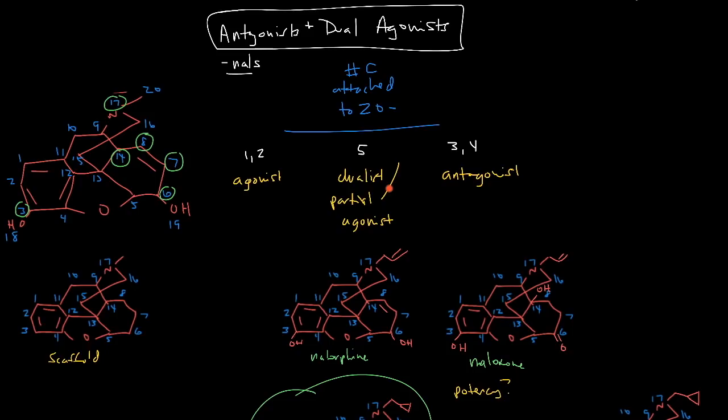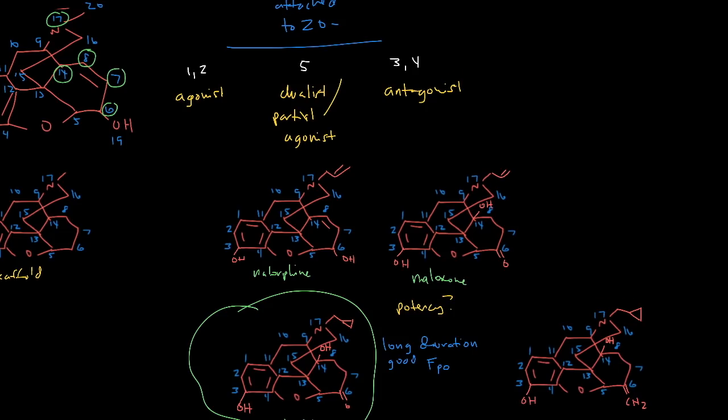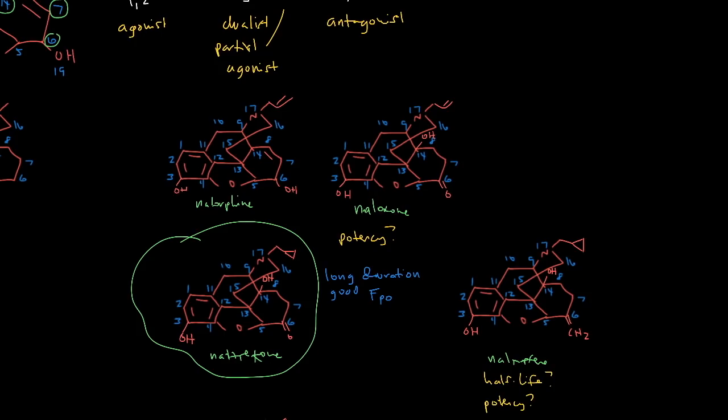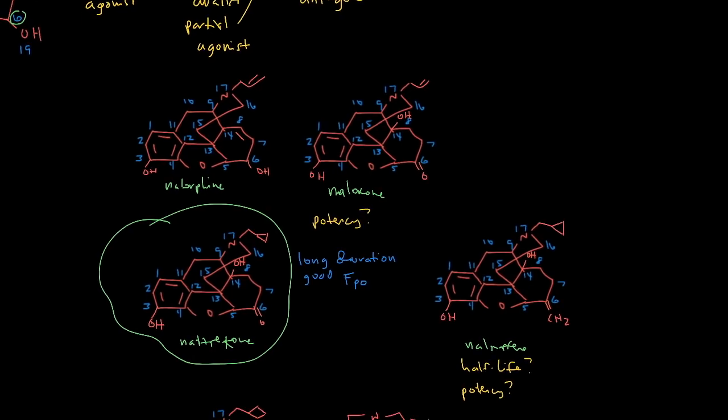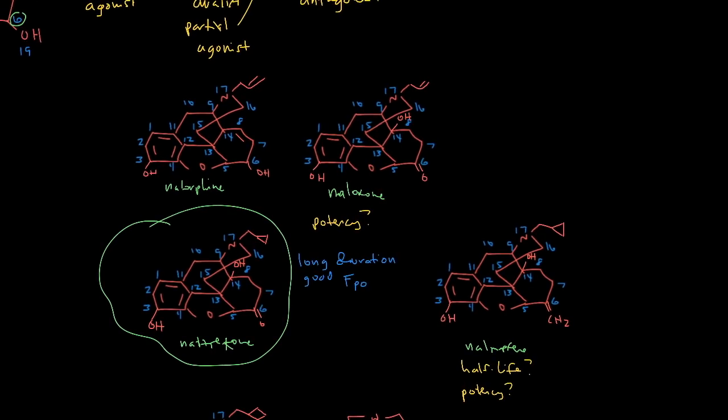So I will illustrate everything over here. Nalorphine is actually an antagonist because here's your 20 position, and you have 1, 2, 3 carbons.